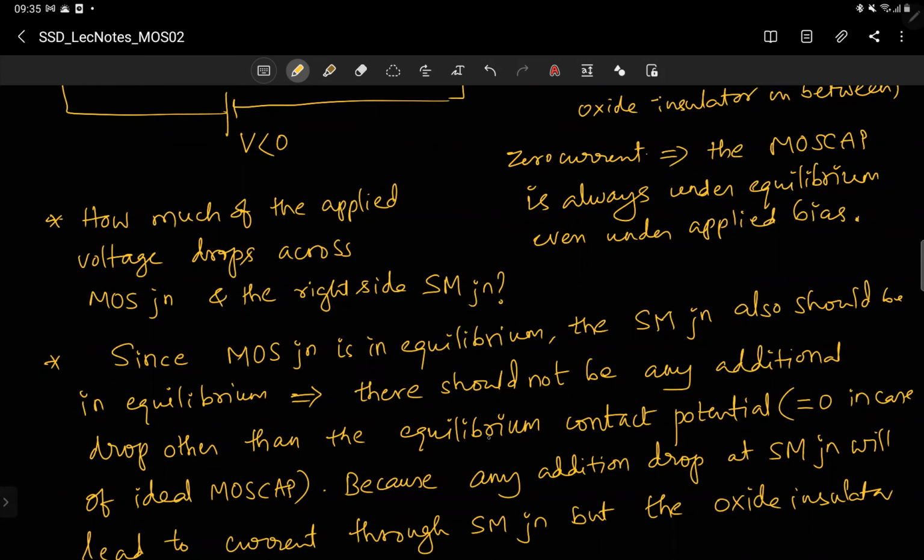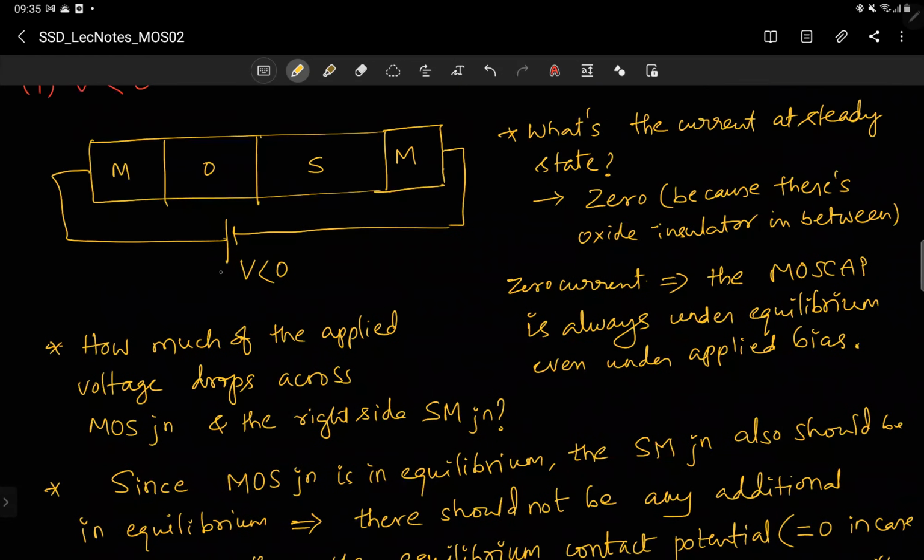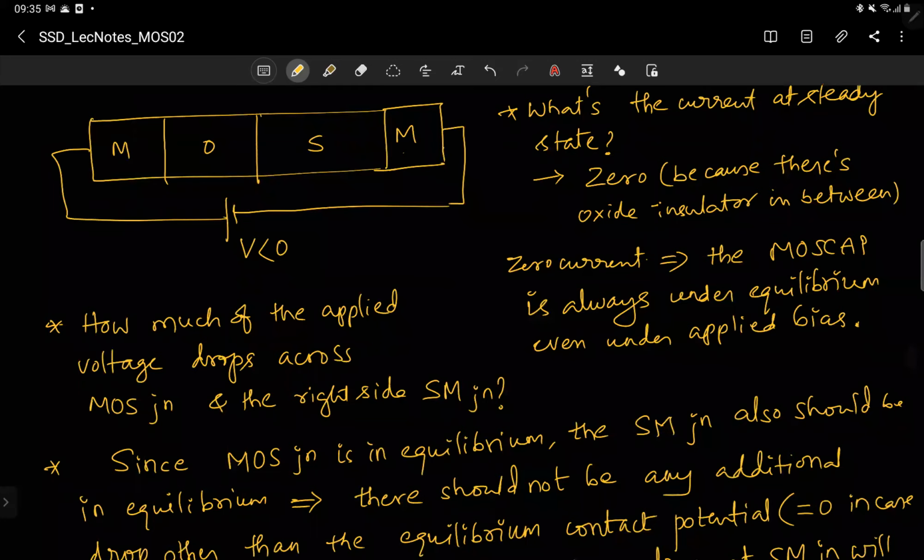Even if it is non-zero, you cannot have any additional drop other than phi_ms just because you have applied bias. If the potential difference is not phi_ms, then there has to be some current flow between S and M, which violates the equilibrium picture, the zero current requirement.